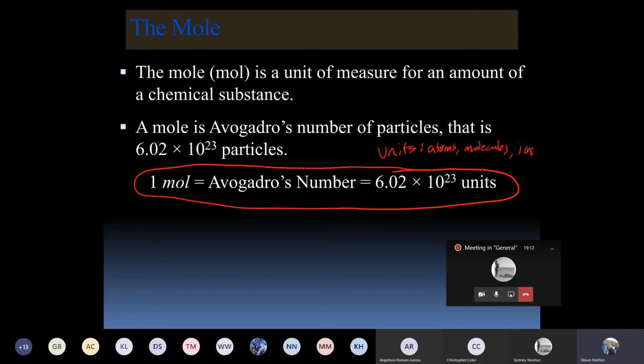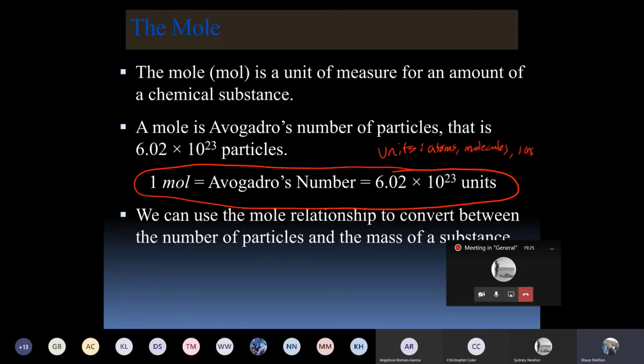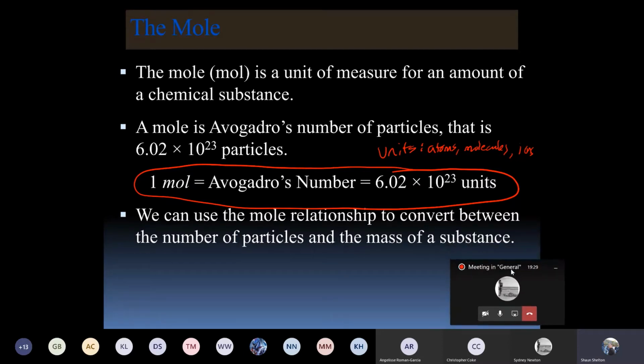That's what 1 mole of a sample looks like. So when we talk about Avogadro's number, we're talking about very large numbers because the atoms are tightly packed together. And we can use this relationship to convert between different units.